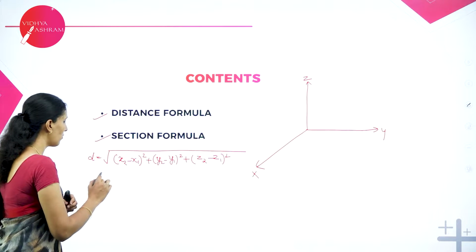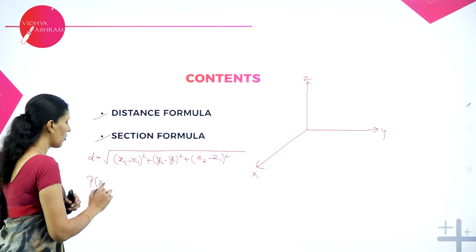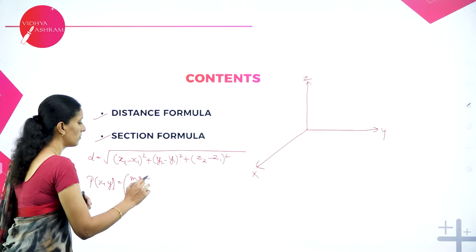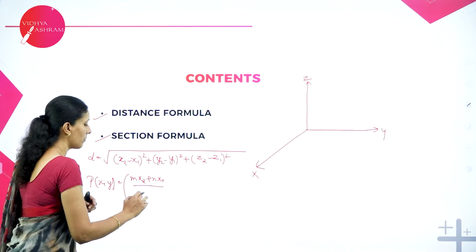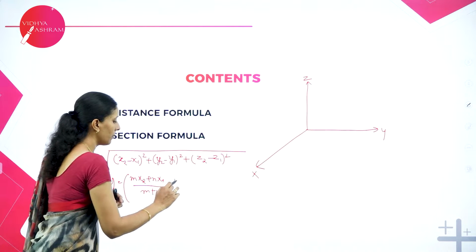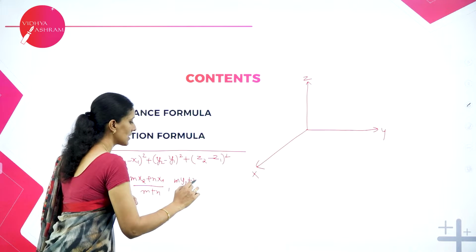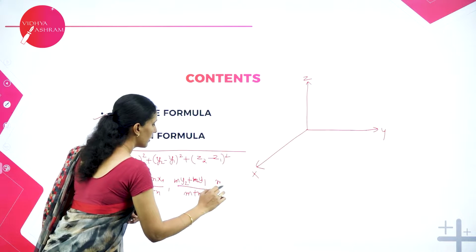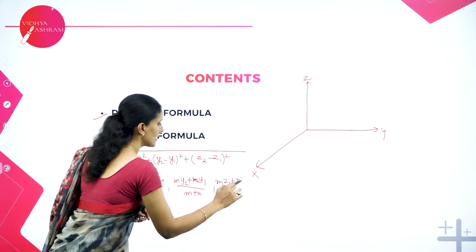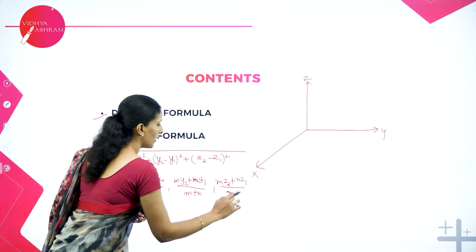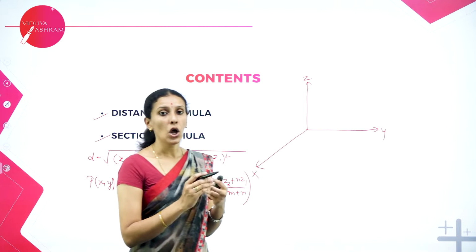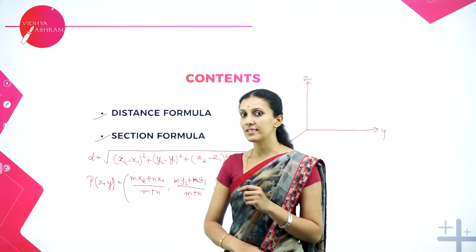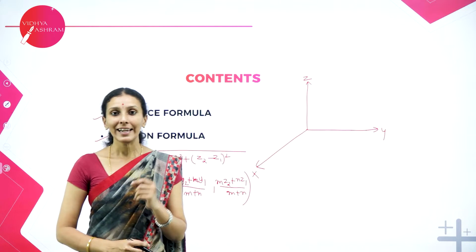Next, the section formula for any point p of x comma y is given by mx2 plus nx1 divided by m plus n. Similarly, my2 plus ny1 divided by m plus n and mz2 plus nz1 divided by m plus n. A basic section formula when you are going to find the coordinates of a point which divides the line in the ratio m:n internally.